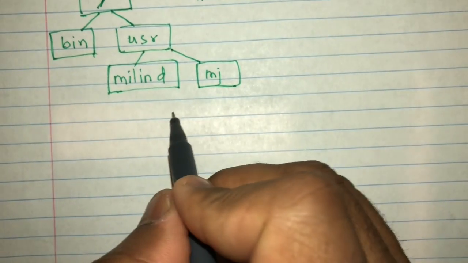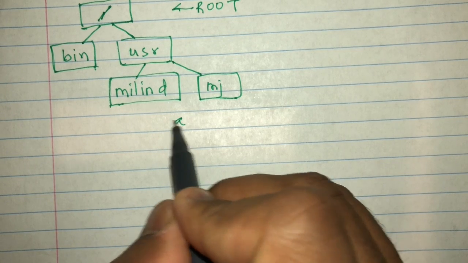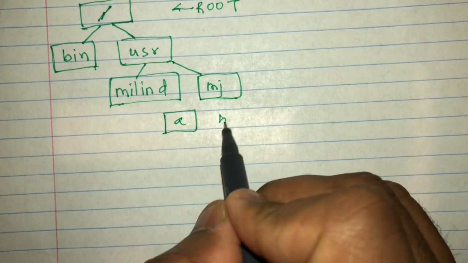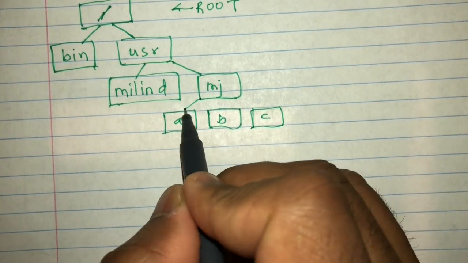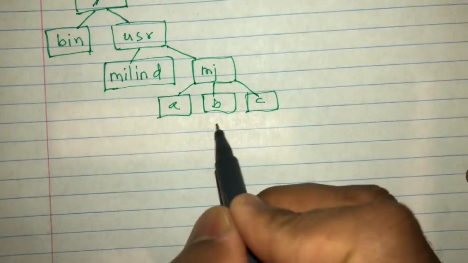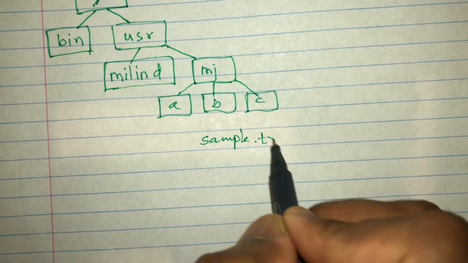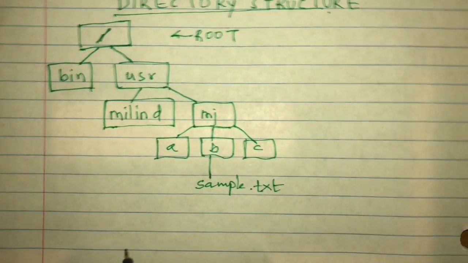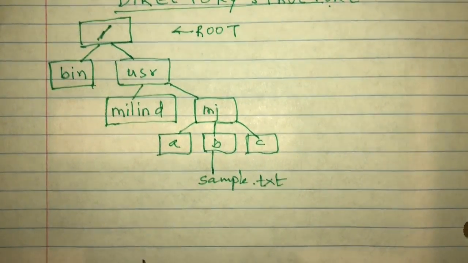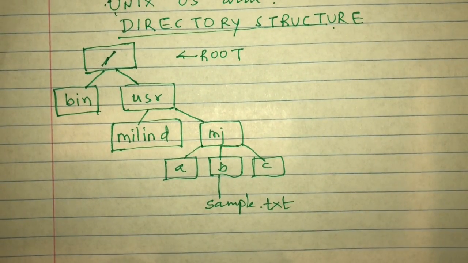And under MJ, you have a directory called A, a directory called B, and a directory called C. So there are three directories, and let's say you have a sample.txt file under directory B.